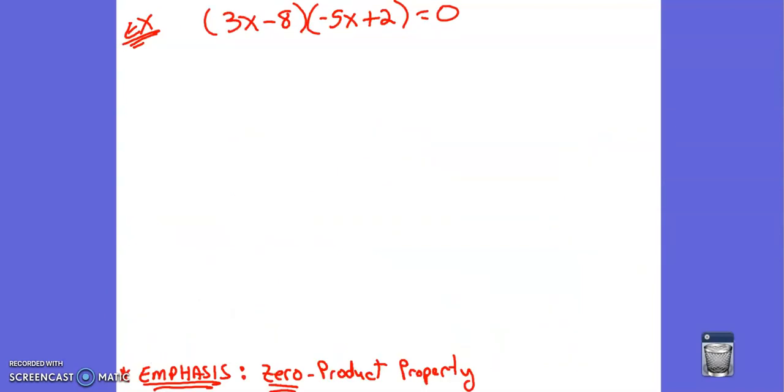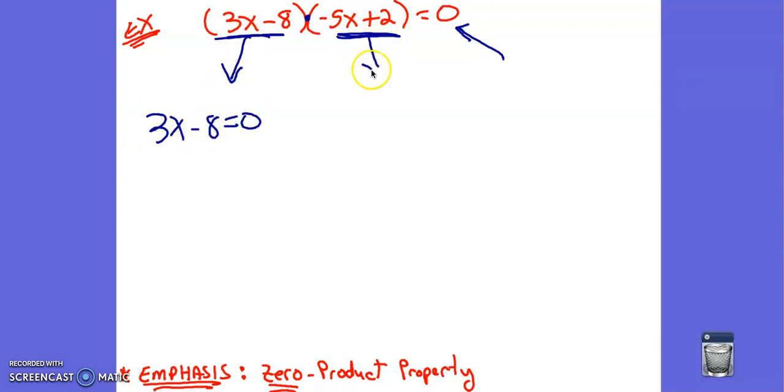Same thing. The 0 property says if you have two things multiplied together and the result equals 0, then one of these has to equal 0. So you set this equal to 0, and you set this equal to 0, and you literally solve both of these.